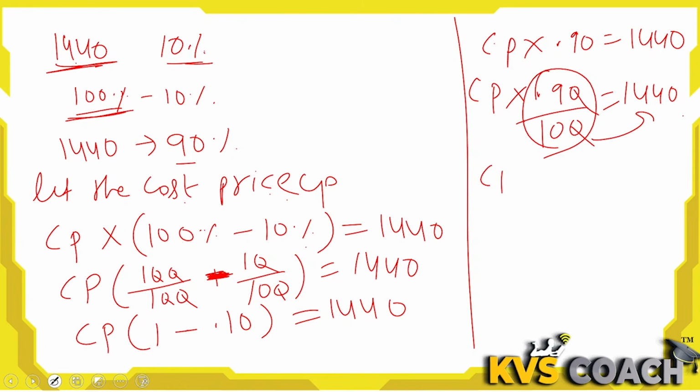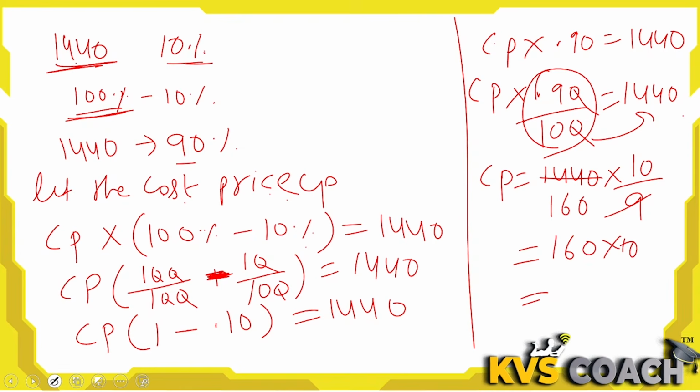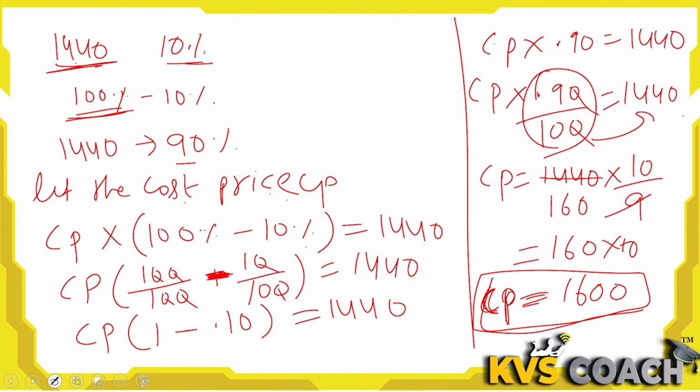Okay, so CP will be 1440 times 10 upon 9. 9 ones are 9, here 5 is remaining, 9 nines are 9, 6 are 54, 160 into 10, that is 1600. Here we got CP is 1600. Okay, got it now? How we get CP? CP is 1600 here.